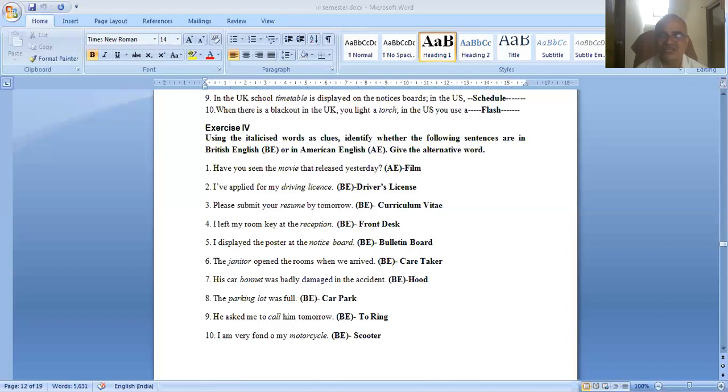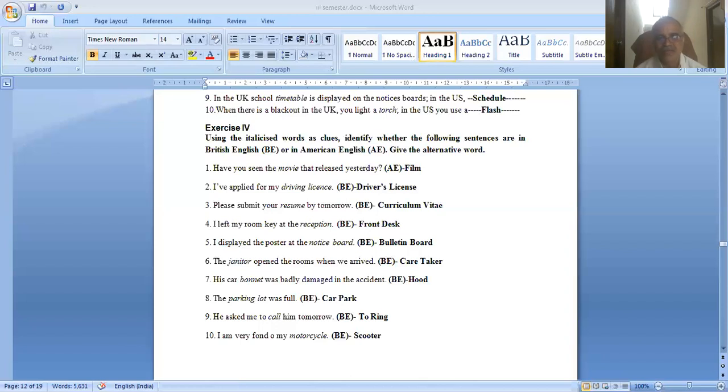In British English, it is used, driving license. But the Americans call the same word as driver's license. So in British English, it is driving license, whereas in American English, it is driver's license.